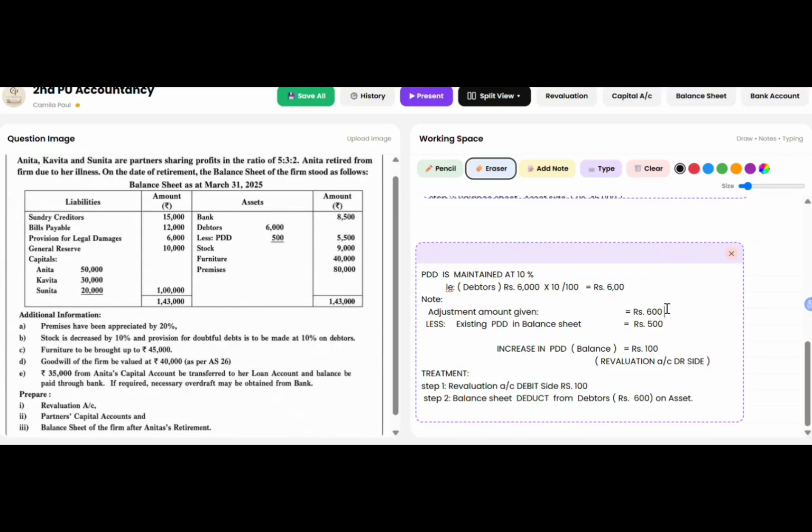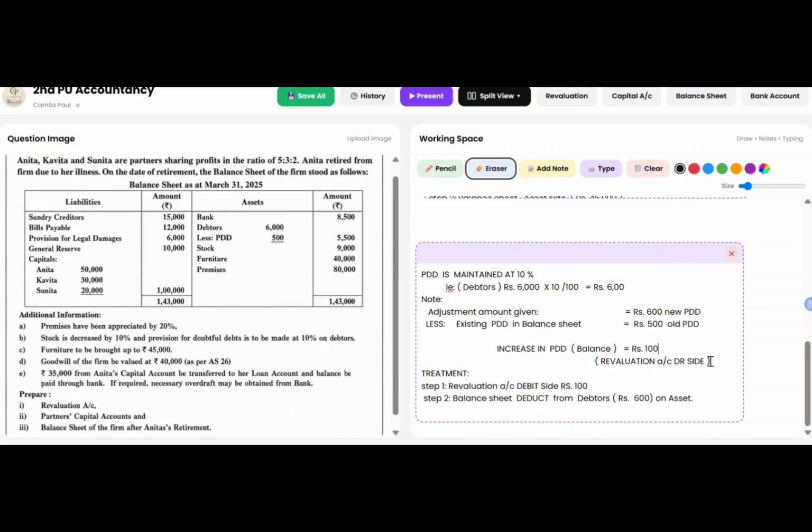Now we are going to find the increase or decrease of this PDD, which has to be recorded in the revaluation account. The PDD which we calculated as per the adjustment is rupees 600, that is the new PDD. This new PDD should be compared with the existing PDD, which is given in the balance sheet, that is 500, the old PDD.